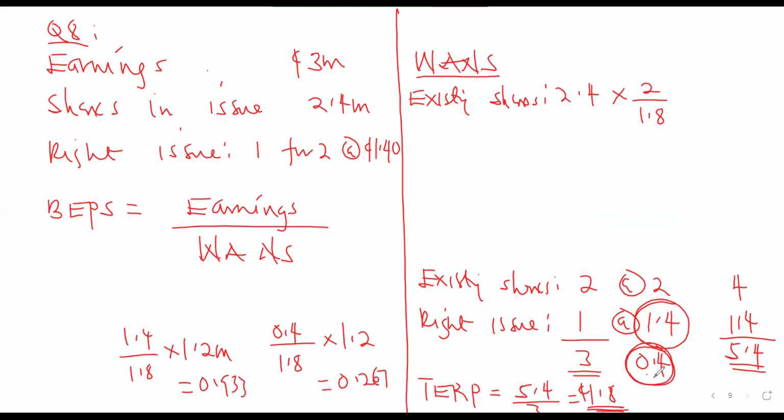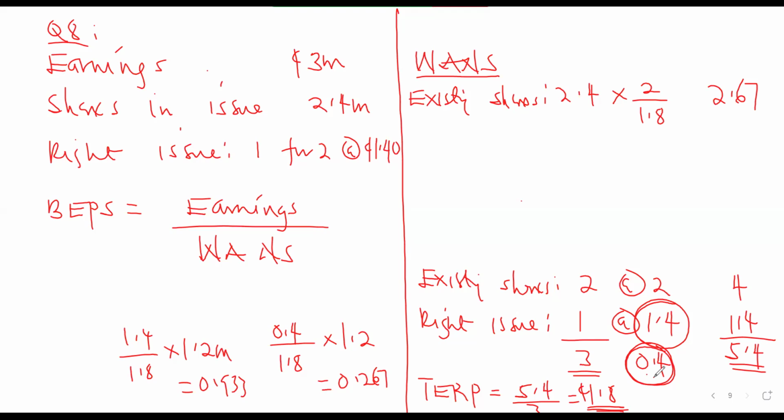So our share price before the rights issue is 2 divided by the share price after the rights issue, that is 1.8. So what are you going to be getting here? 2.67. Okay. What was the shares before the rights issue? 2.4.